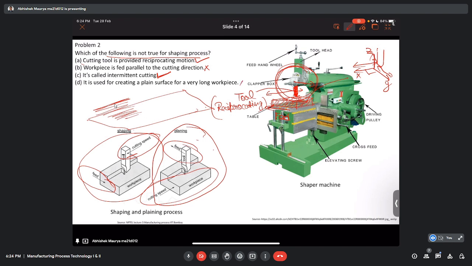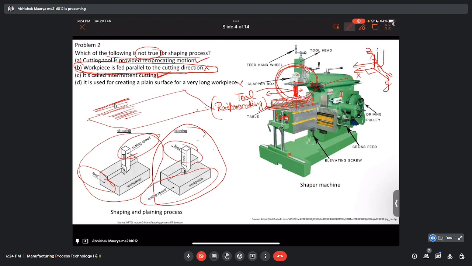So although we can create a plane surface, it is not a very long surface. So if we go strictly, both statements B and D are not correct, but the more accurate one will be this one, which is absolutely not correct.